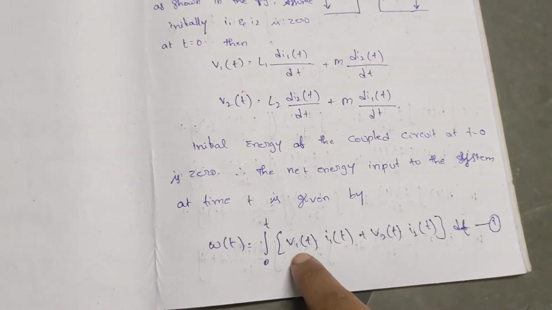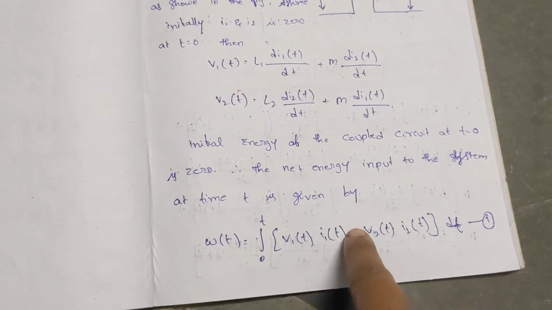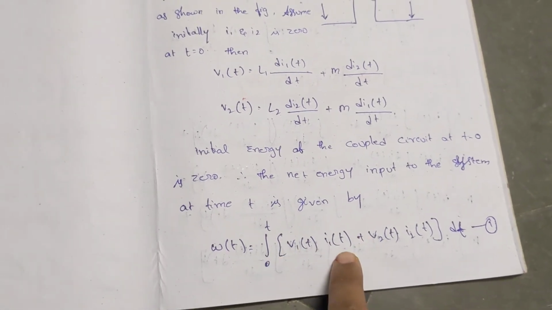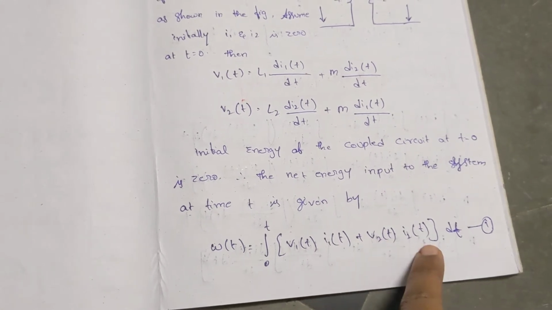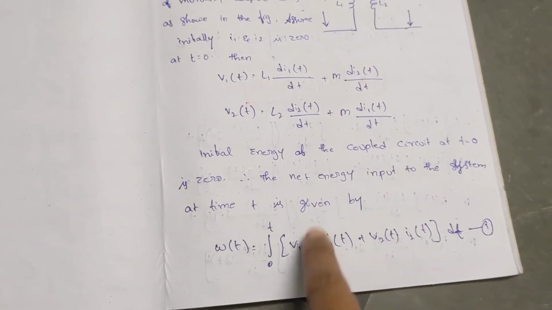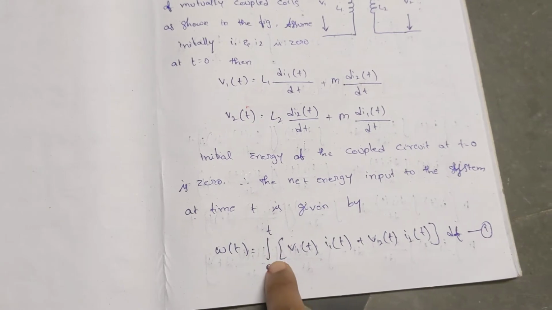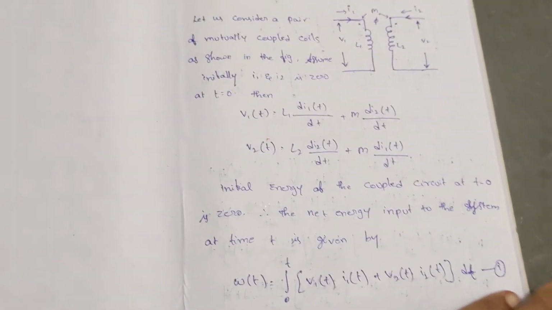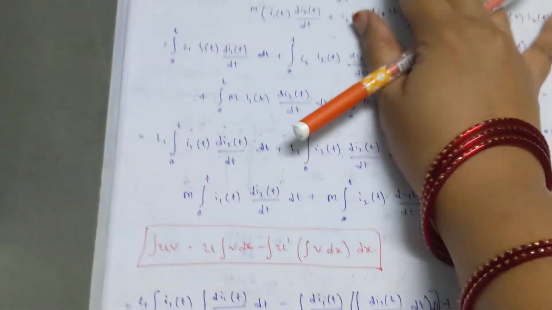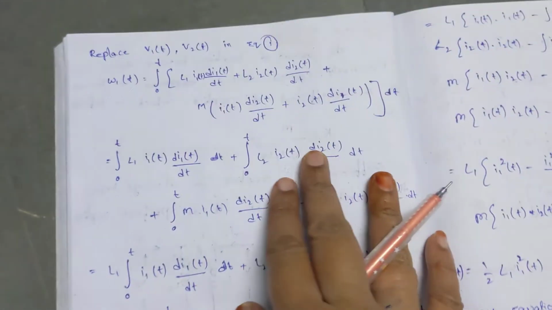The power is written in terms of voltages and currents. So for two coils we write V1 I1 plus V2 I2, which depend on time, integrated from 0 to t. We know the values of V1 and V2, so please replace those values in your equation.